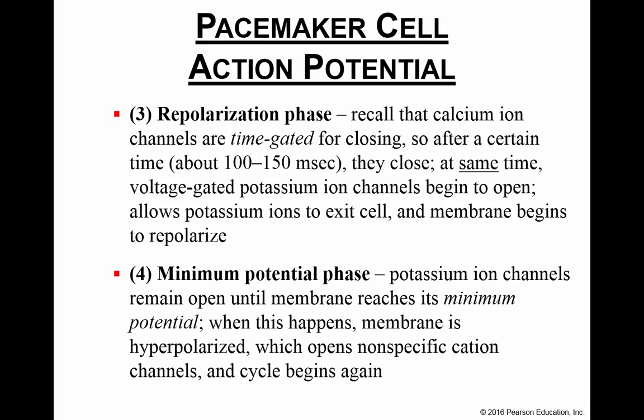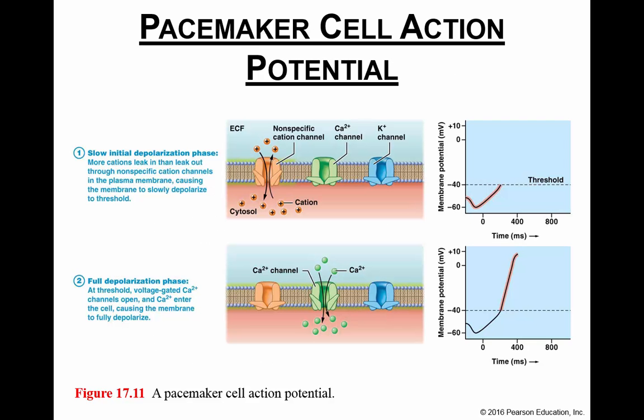There's a minimum potential phase where the potassium ion channels are going to stay open, and it's going to reach its minimum potential. And that's when the membrane is hyperpolarized and those non-specific cation channels open and all this starts over. So you can see here, this orange one represents the non-specific cation channel.